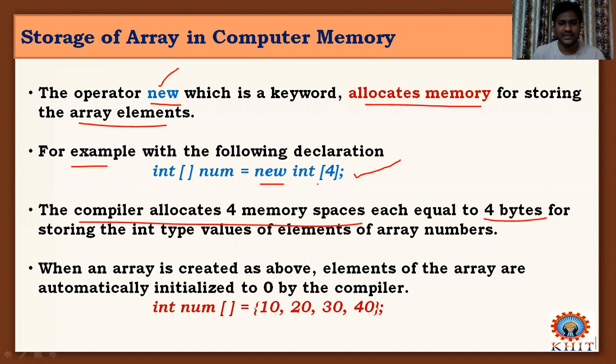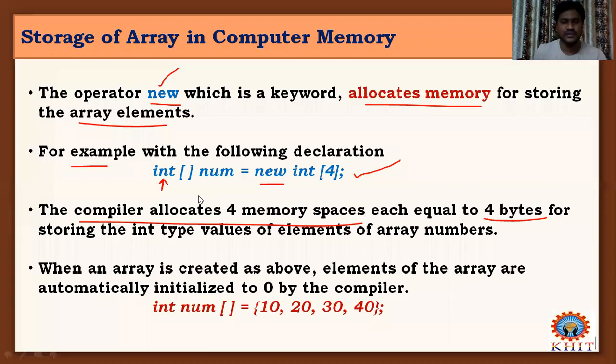Because every integer element consumes 4 bytes of memory in Java. Every integer element requires 4 bytes to store it. That's why this array is composed of 4 elements of type integer.